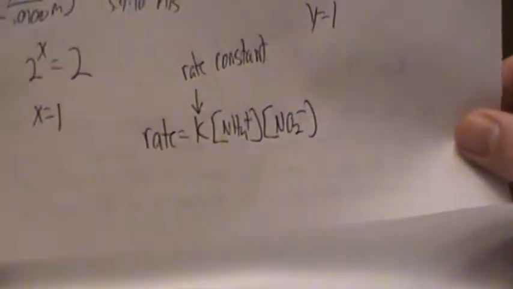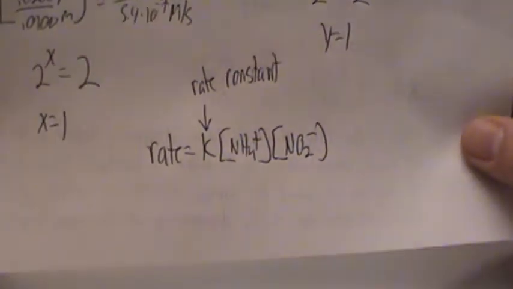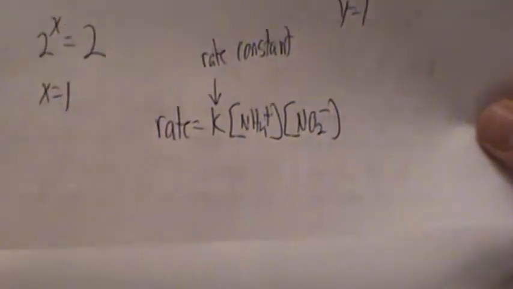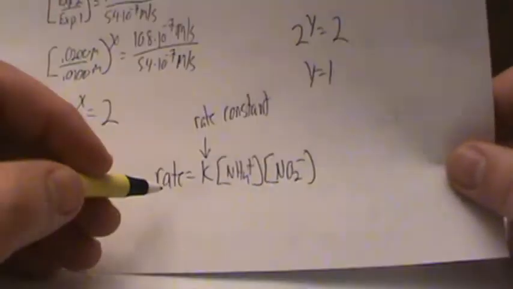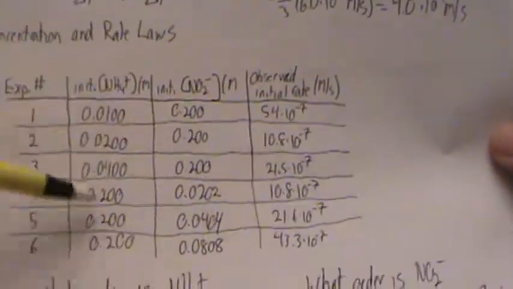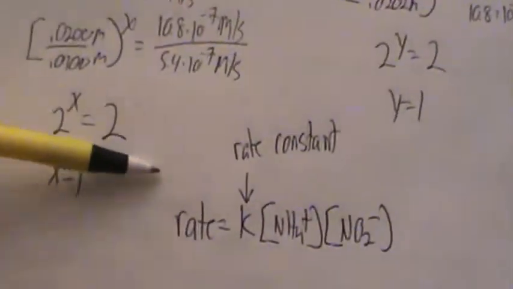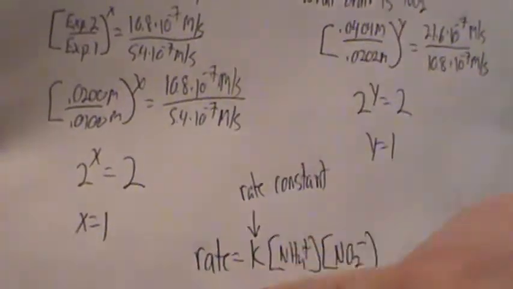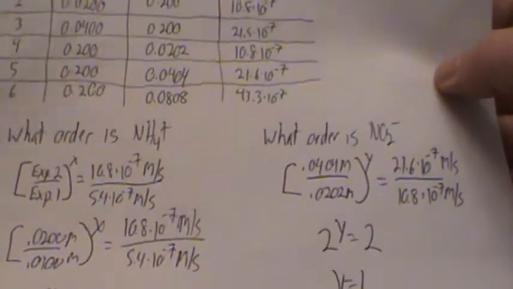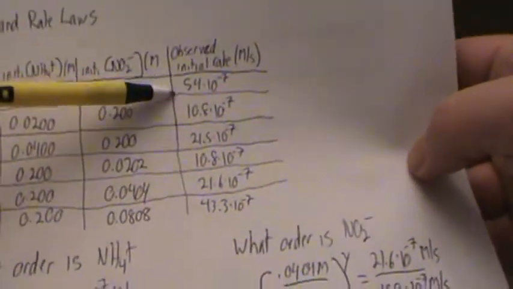Now, we can actually calculate the rate constant with this information. After we figure out what order our reactants are in, to figure out the rate constant, we're going to plug in data from one of our experiments into our formula down here. For the rate, we can use one of the observed rates, so let's just use experiment 1.